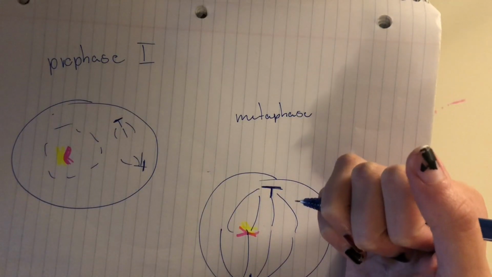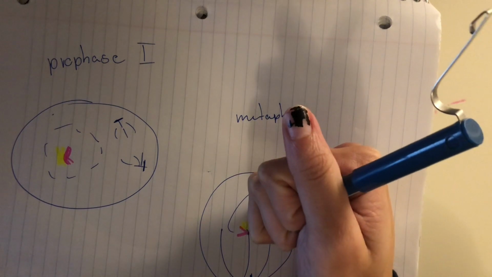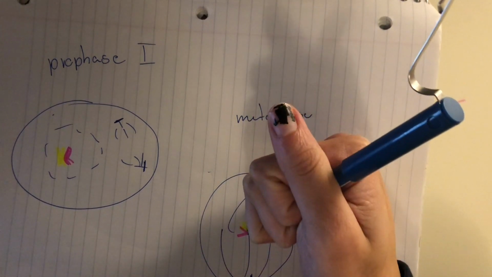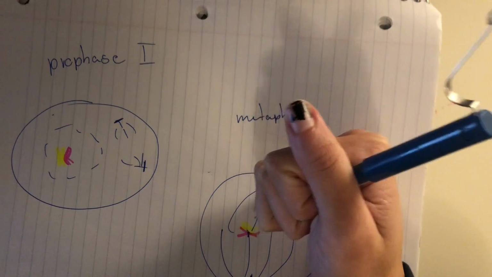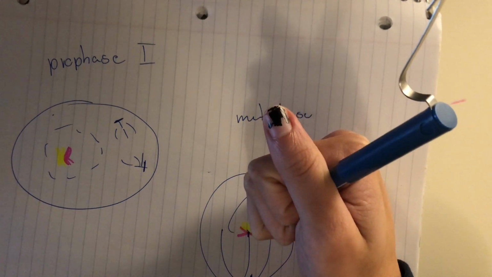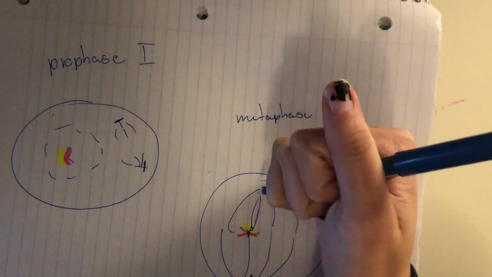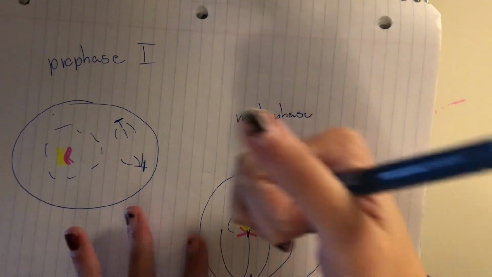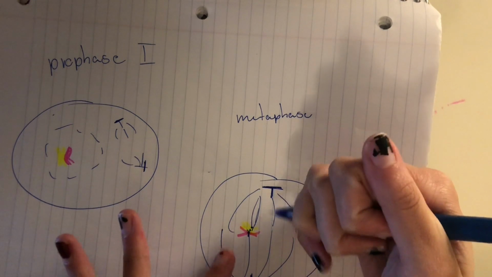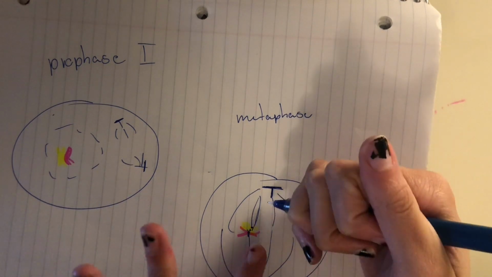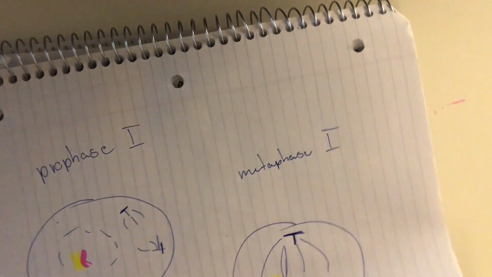Spindle fibers from one pole are attached to both of the kinetochores for one homolog, and the corresponding ones from the other pole to the other. The homologs meet at the metaphase plate in the middle because the spindle fibers have extended, pushing them together. This is metaphase 1.